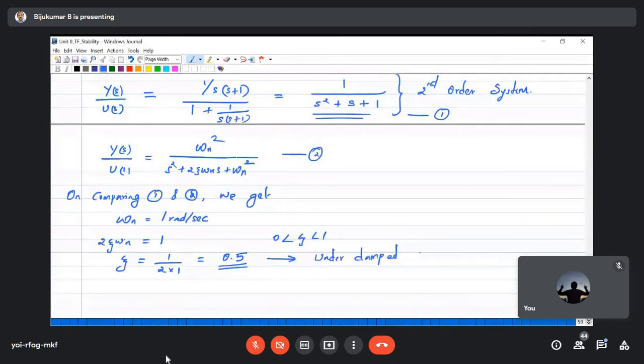Since zeta is positive, we can call it a stable underdamped second order system.